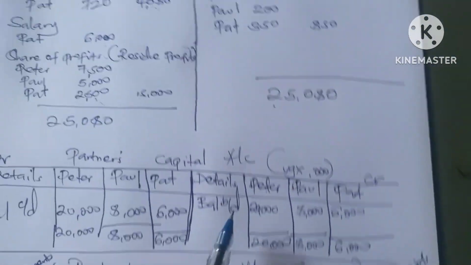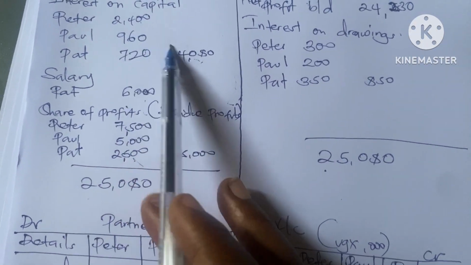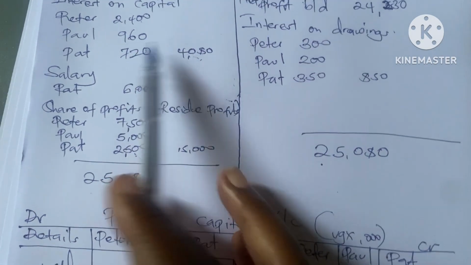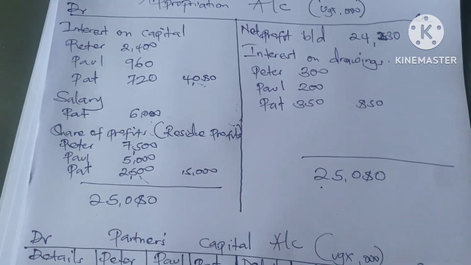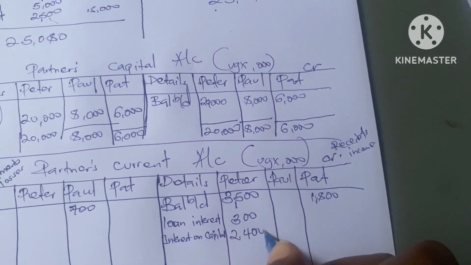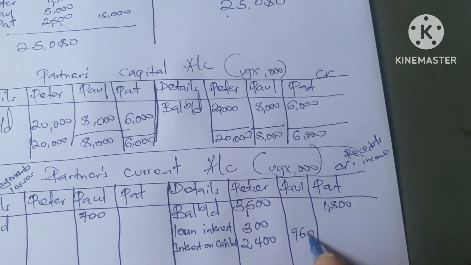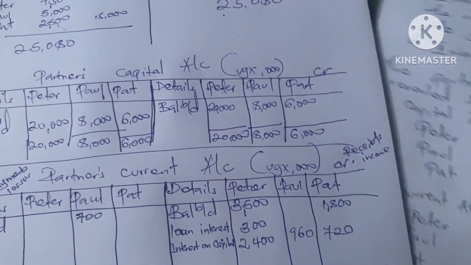But here in the appropriation account, we had already calculated 12% of the capital. So we can just copy here and rewrite it here, or you can calculate it. So it is 2,400, 960, and 720. That is it.